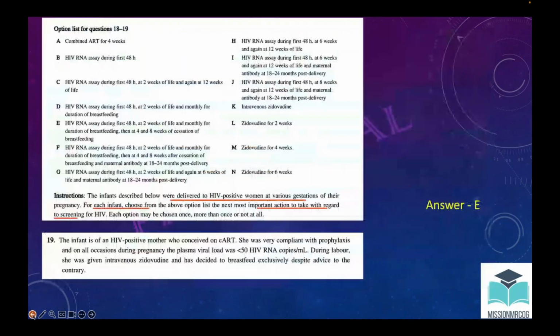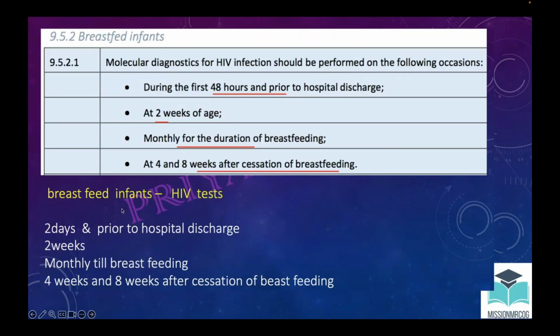For breastfed infant, whether the maternal antibody testing would be done or not was not clear in the guideline. So this is written in the guideline: breastfed infant at 2 days prior to hospital discharge, 2 weeks, monthly till breastfeeding, 4 weeks and 8 weeks after cessation of breastfeeding.